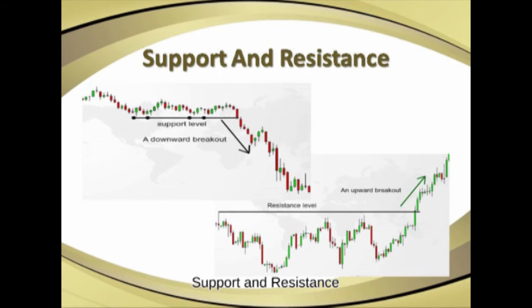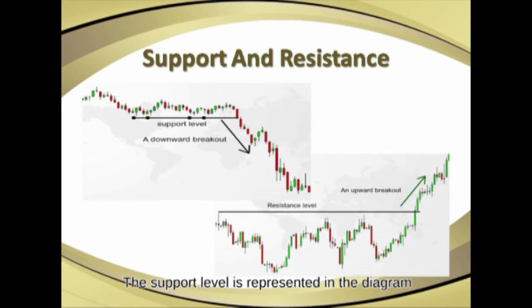Support and resistance. The foundation of technical analysis rests on identifying support and resistance levels. Support and resistance are like floors and ceilings that restrict the price movement from above and below. A support level is a price level where the asset tends to stop moving downwards, reverses direction, and starts moving up.